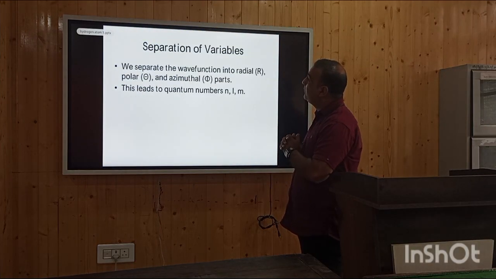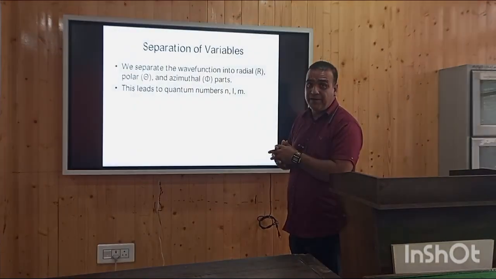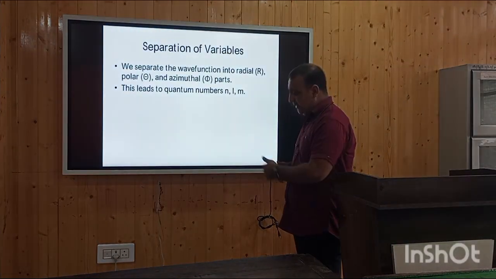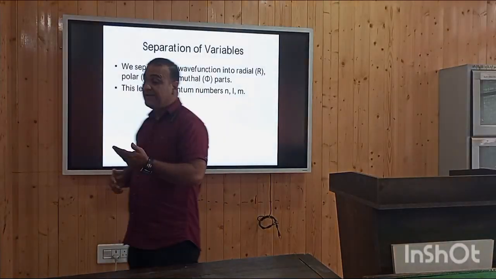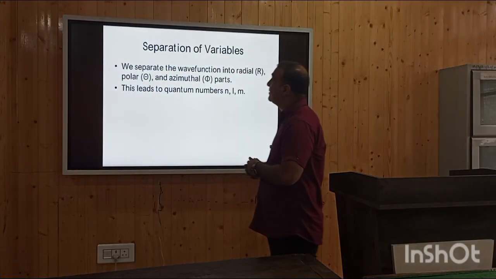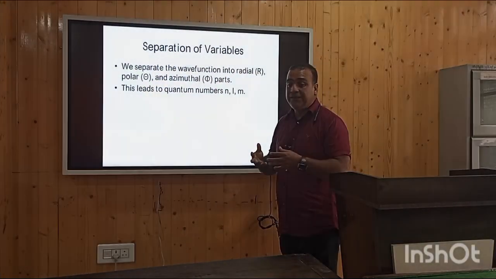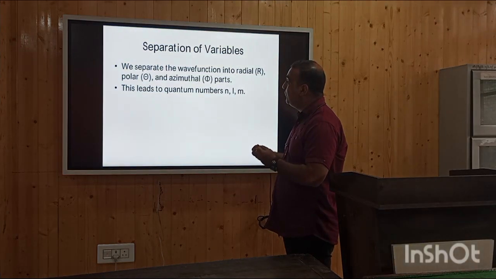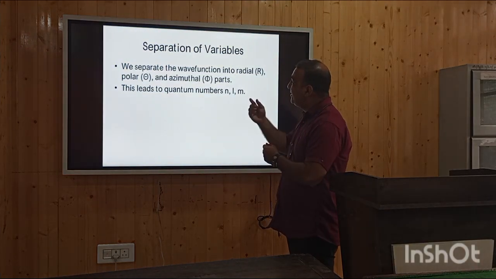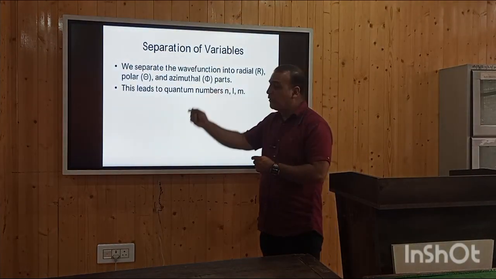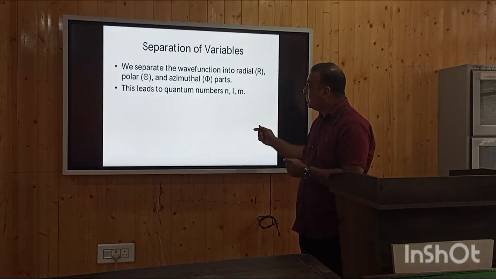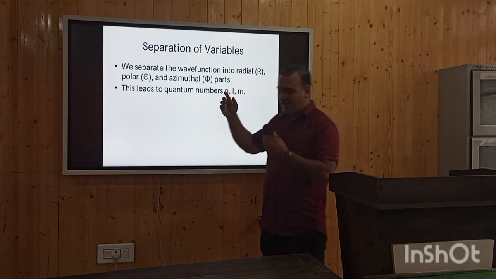So what we do, we use separation of variables. You will see in this video how we approach this separation of variables in sorting out the boundary conditions. We separate the wave function into the radial part, the polar part, and the azimuthal part: r, theta, and phi.